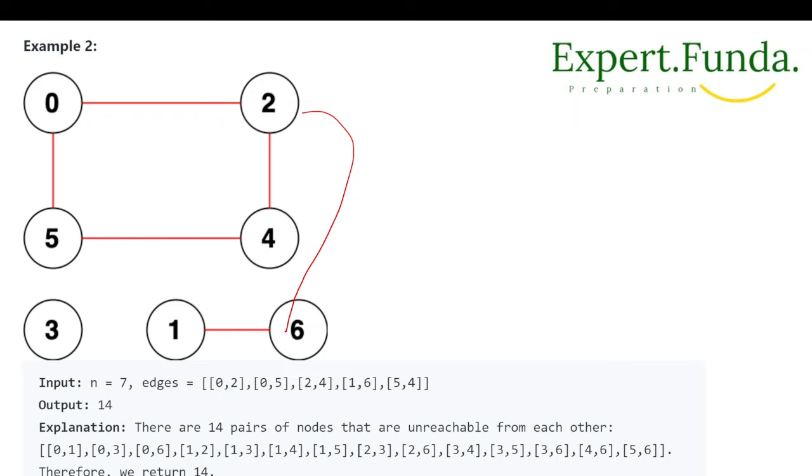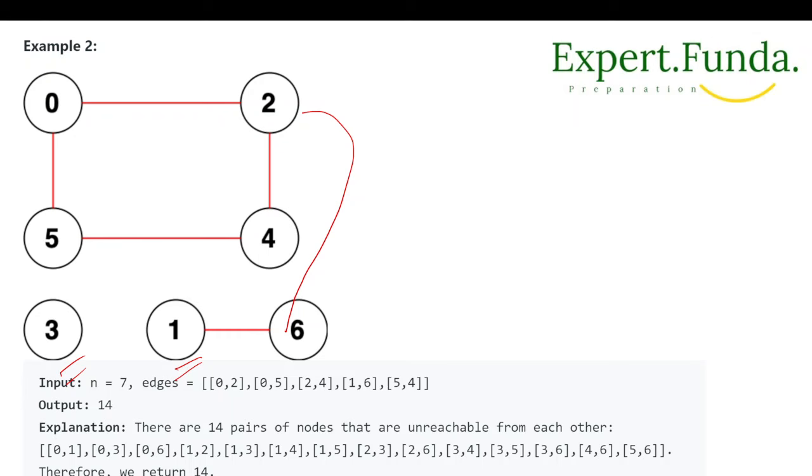So what you can understand here is that any of the 4 nodes from the first component, paired with any node from the remaining components, either this one or this one, results in a pair of nodes that are unreachable from each other.